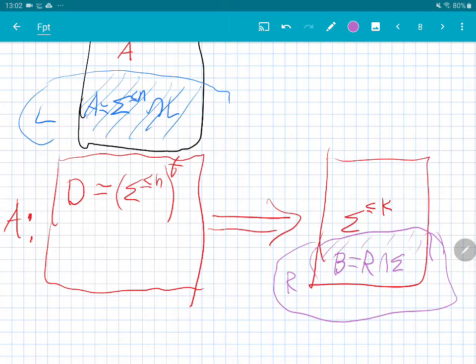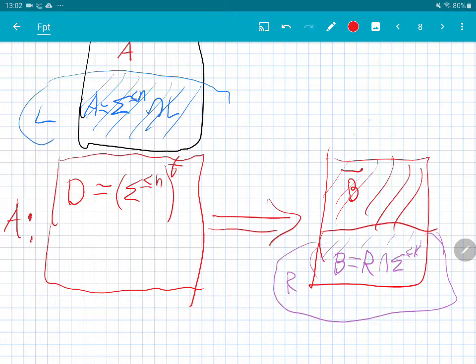And of course, as before, we have the complement, which is overline B, which is all of this, and this is again sigma at most capital K. So this is what's going on. We have the set B.